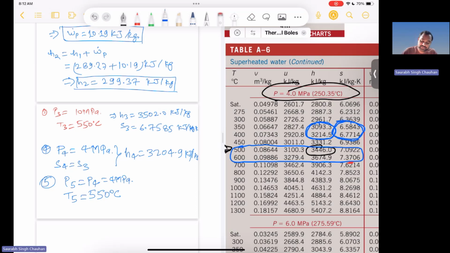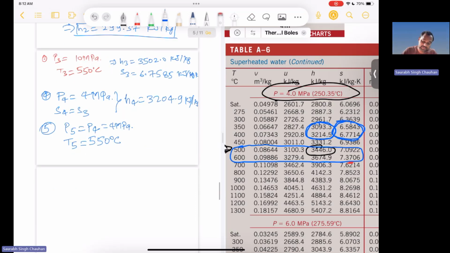Again, you'll have to use interpolation. I'm writing the direct values. Please try to do this by yourself. H5, I am taking 3559.7 kilojoule per kg. And S5 should be somewhere between these values. I am taking 7.2335 kilojoule per kg Kelvin.